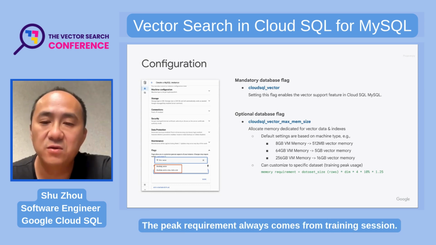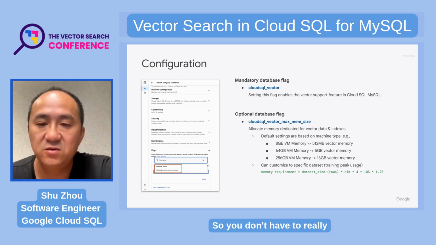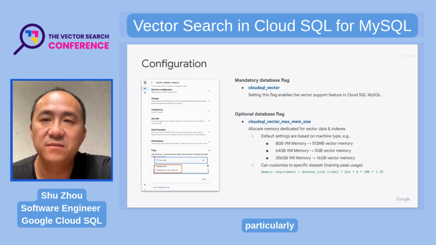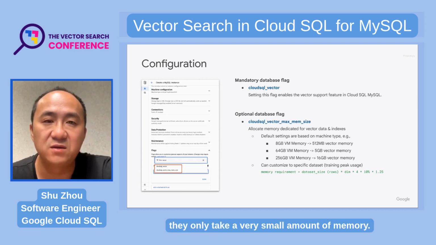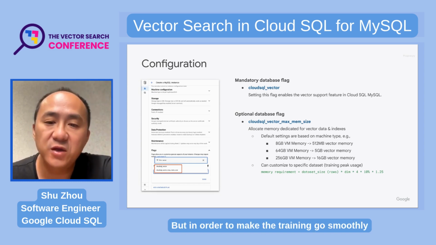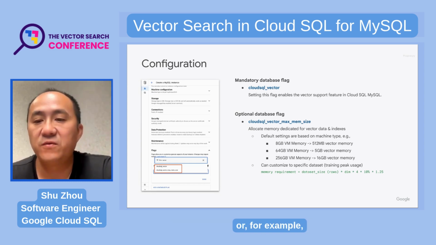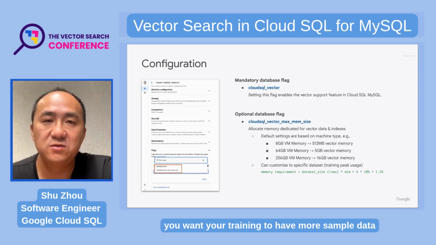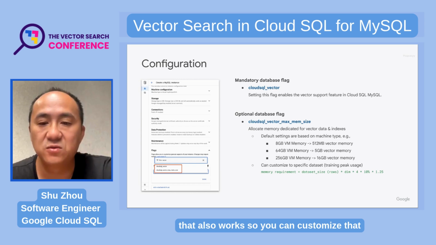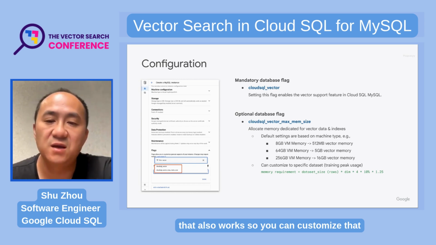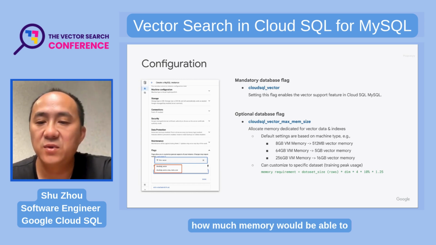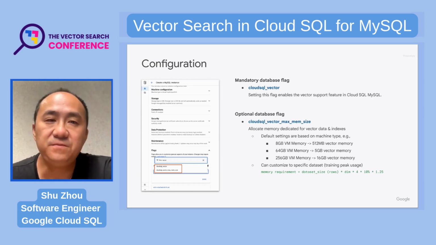The peak requirement always comes from the training session. So you don't have to particularly work on the search use cases. They only take a very small amount of memory. But in order to make the training go smoothly, or for example, if you want your training to have more sample data, that also works. So you can customize how much memory would be able to fit the training peak usage.